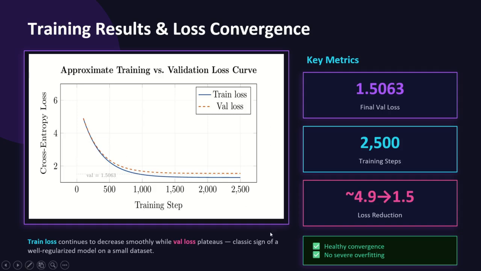And this indicates that the model has learned meaningful patterns and there is no severe overfitting happening. And this is the final validation loss and the training steps. Overall, we can understand that it is a healthy convergence and no severe overfitting happened.